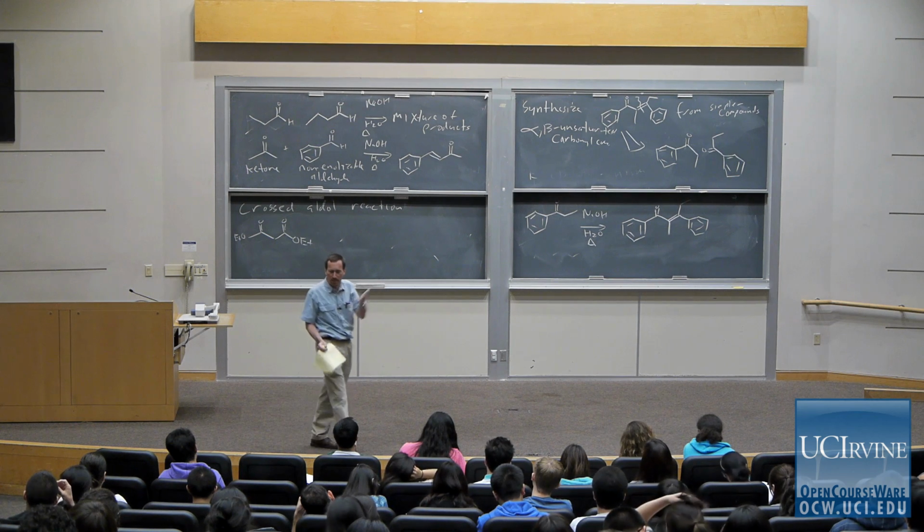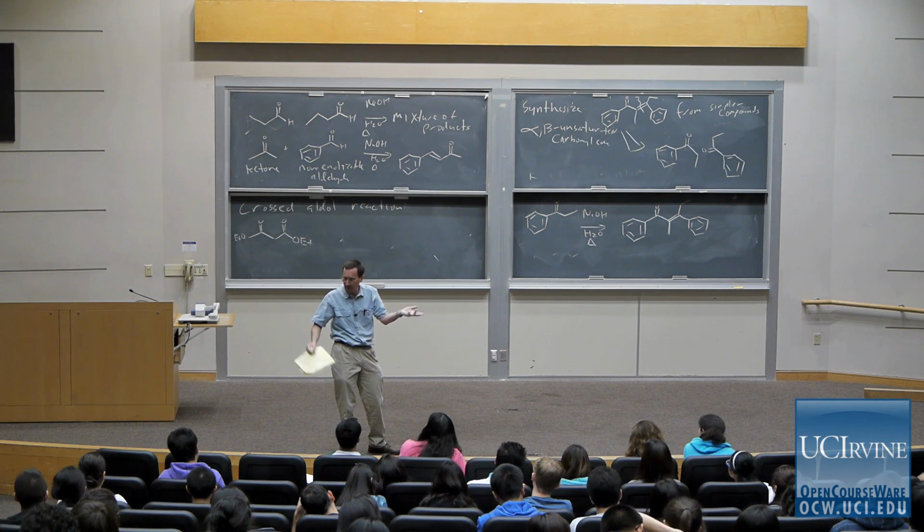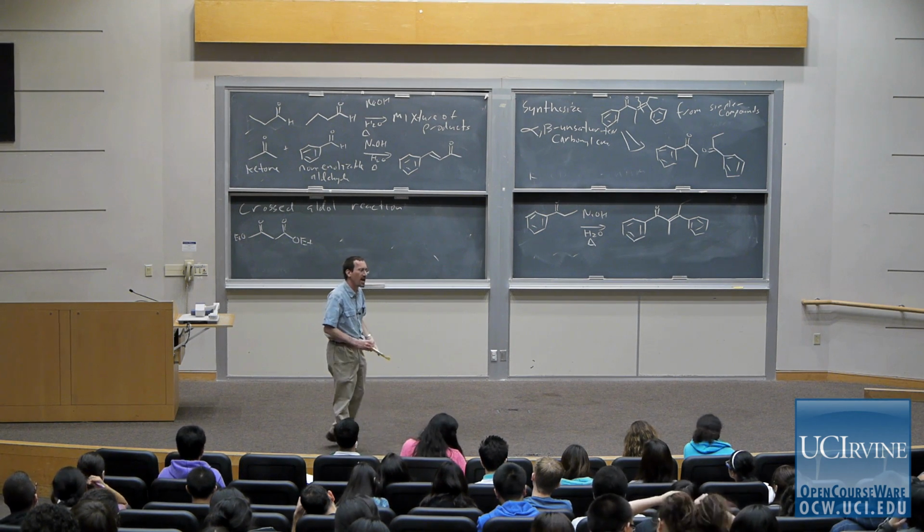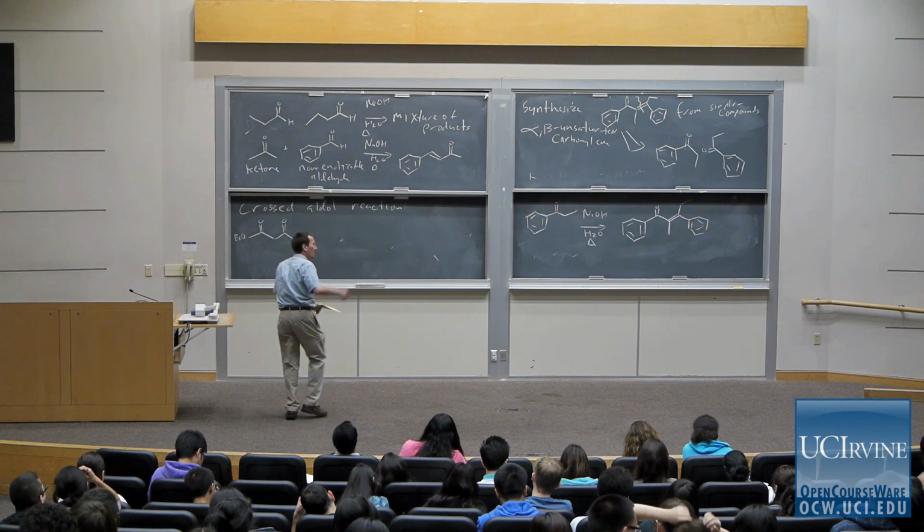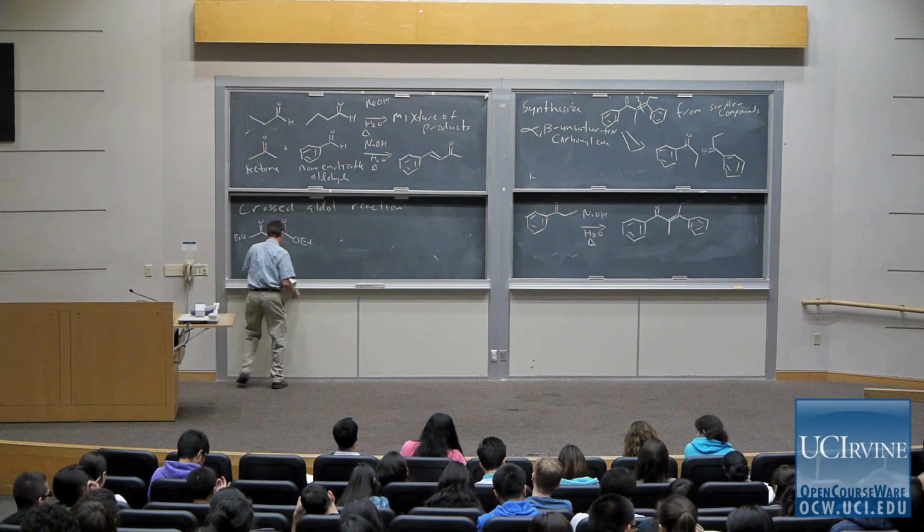You want to keep one number in your head, just keep in 10 or 11 for all of these 1,3-dicarbonyl compounds. Extra acidic. I'll get to your question in a second.